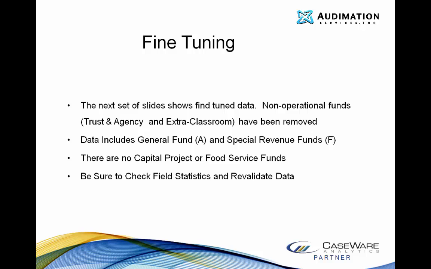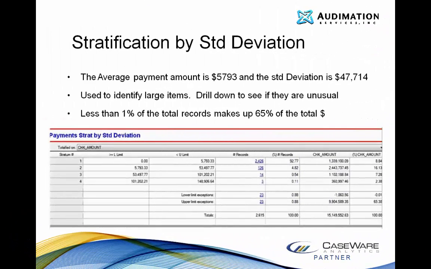After I do that, I like to get an idea of the relative sizes of the population and what's going on. For a long time, the old audit step was to review the ledger for large and unusual transactions. My unusual transaction, I could tell what it was by looking at it, but I had a hard time figuring out a way to come up with a consistent way of defining large.